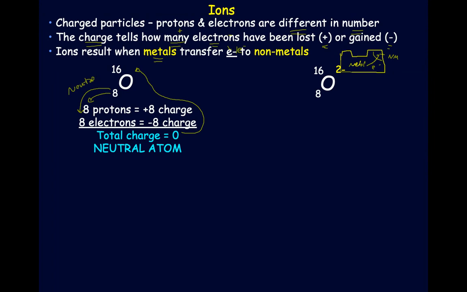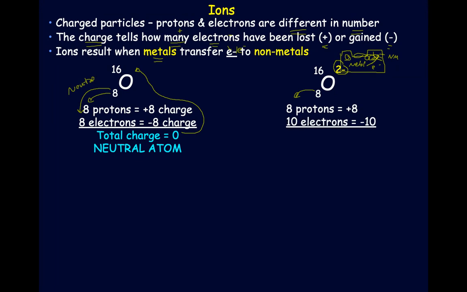Okay, now in the case up here, we have 16 and 2, and we see a negative charge up here of -2. So we still have our 8 protons.